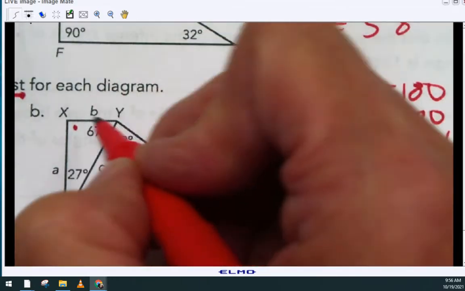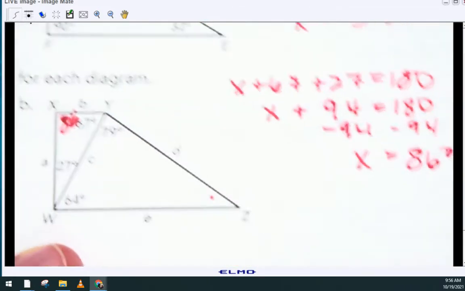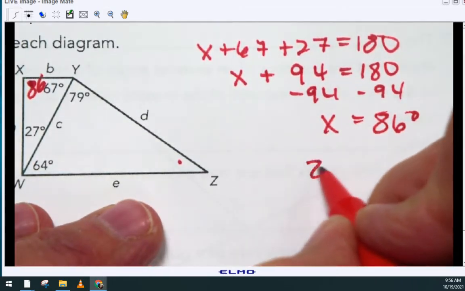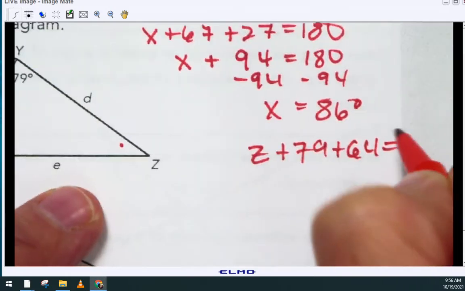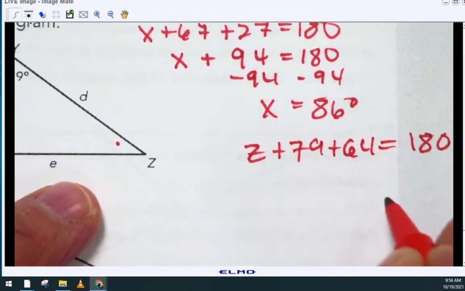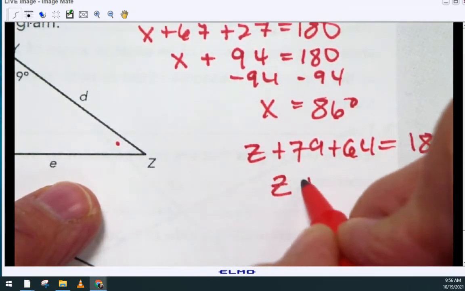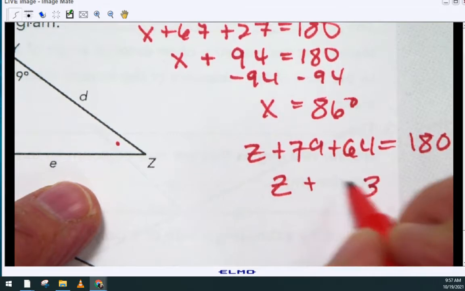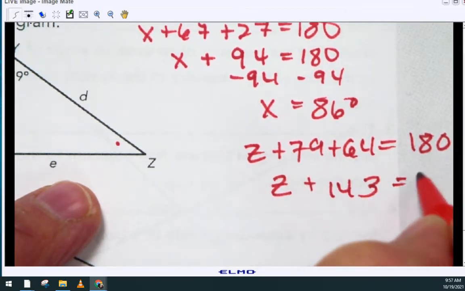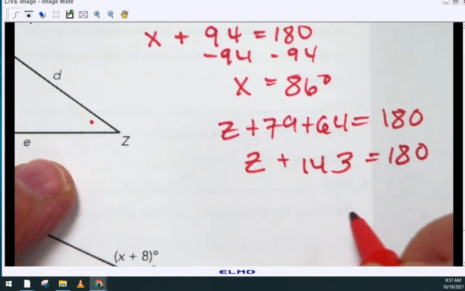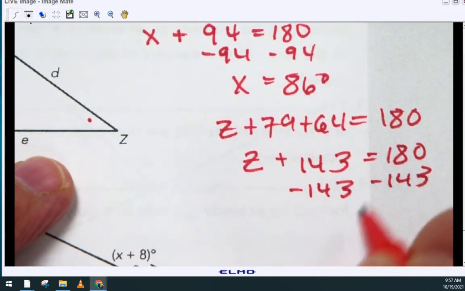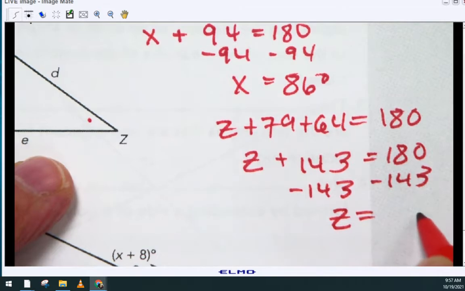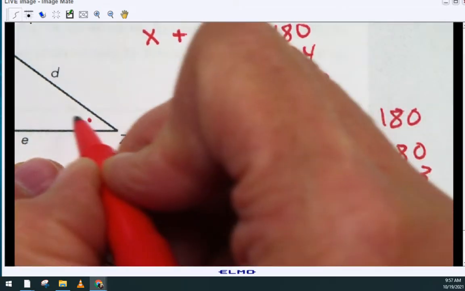So this angle right here is 86. And then z plus 79 plus 64 equals 180. So z plus 143 is equal to 180. I subtract 143 from both sides of the equal sign, and I get z equals 37 degrees.